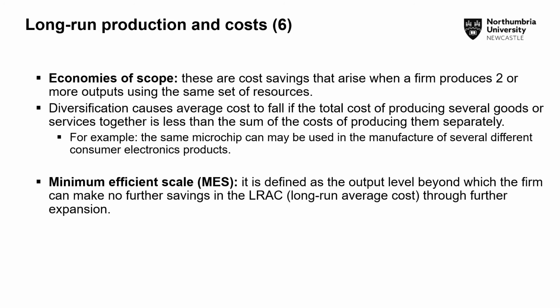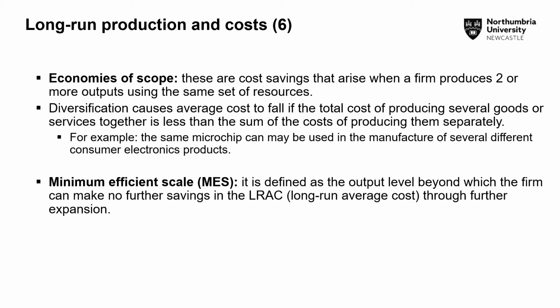We can extend this concept of economies of scale to a related concept, the so-called economies of scope. These are cost savings that arise when a firm produces two or more outputs using the same set of resources. So for example, you may have the same microchip that is used in the manufacturing of several different consumer electronics.